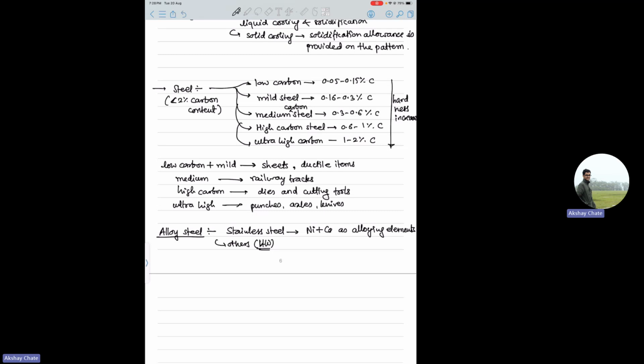The density of copper oxide is, I forgot whether it's more or less, but then you have to choose what type of gating, top gating, bottom gating, all those things. I think for non-ferrous ones, bottom gating is used because the density of their alloys is more than the pure metal.